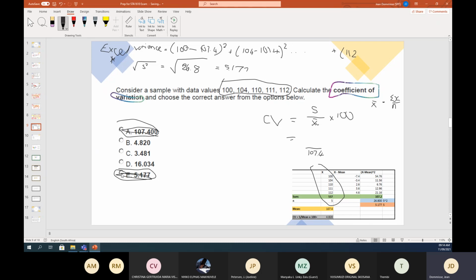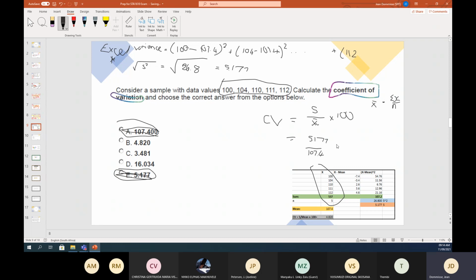Okay, so then that goes on the top: 5.177 divided by 107.4. So that gives us 0.0482.